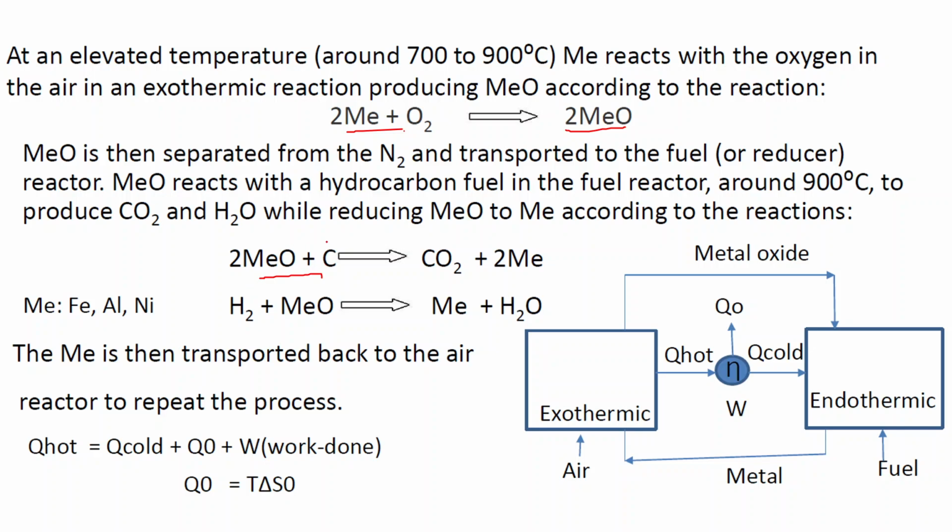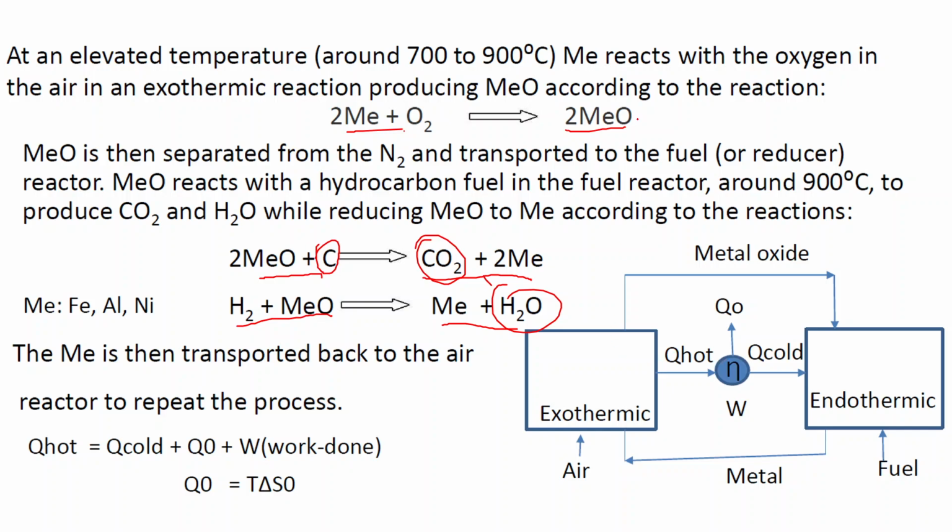This metal oxide, in reaction with the carbon present in the coal sample, gives CO2, and it is in turn reduced to metal again. And this metal oxide, on reaction with hydrogen present in our sample, gives H2O. So this is our requirement, CO2 and H2O. Seeing this flowchart, it gives us the efficiency of this procedure.